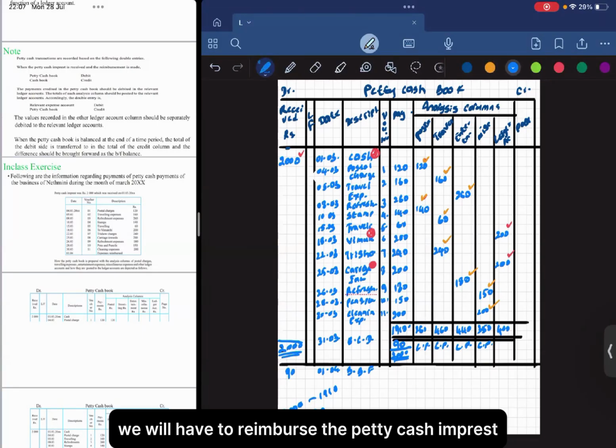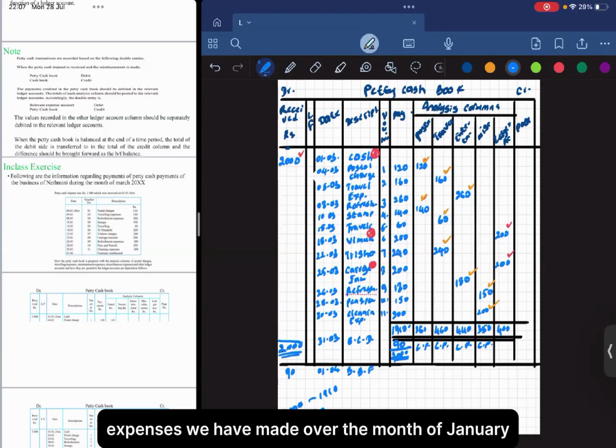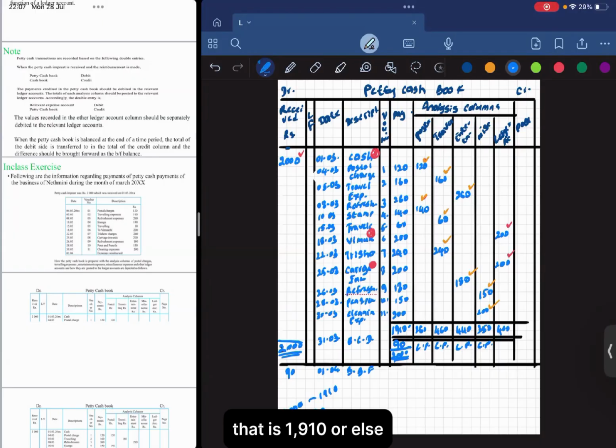Then on the 1st of April, we will have to reimburse the petty cash imprest. What is the reimbursed amount? The reimbursed amount is simply the expenses we have made over the month, that is 1910.